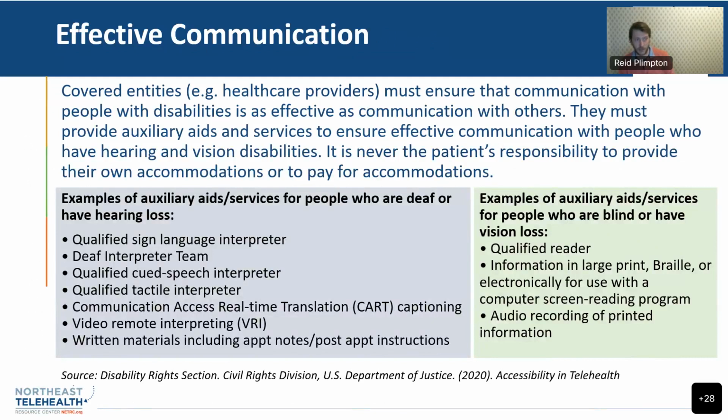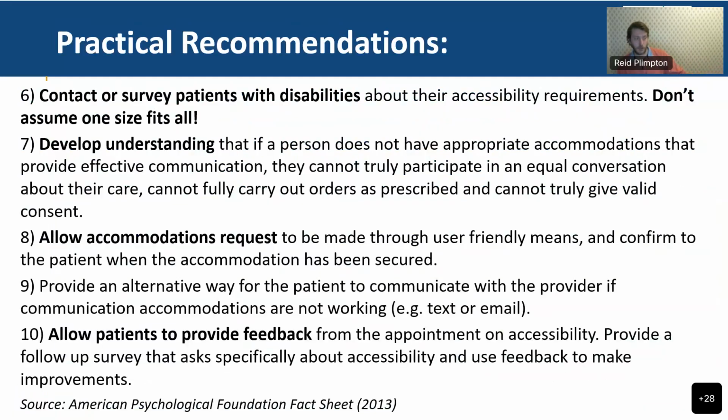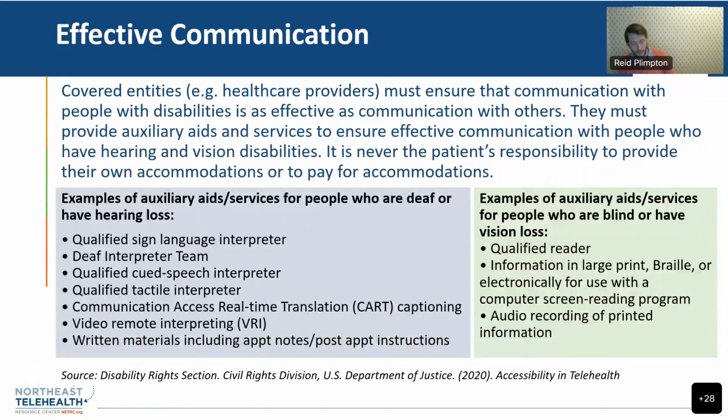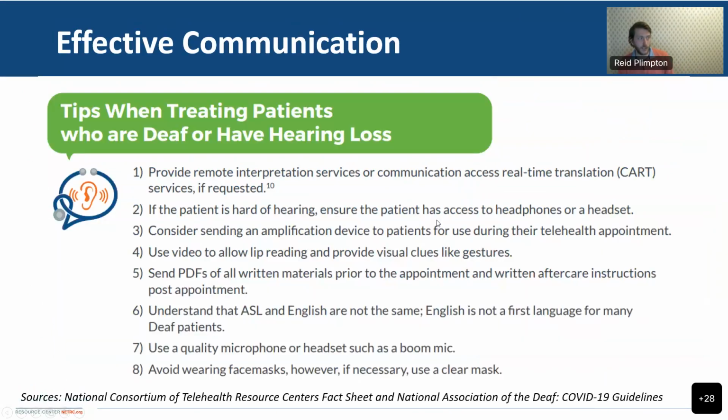Effective communication. If this applies to you, hopefully you're able to take and use it. It's about thinking through what it looks like if, after you've done these practical recommendations, you identify a few patients or a subset of your community that needs assistive support, but is still capable of doing the rest of the telehealth encounter. How do you do that, right? So, examples of auxiliary aids for both populations.